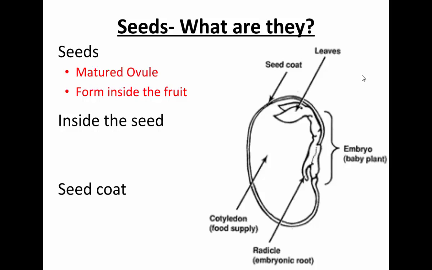So it needs some stored up energy to start its growth until it can pop above the ground and start to go through photosynthesis. So inside the seed, there's a tiny little plant, the embryo, and then there's the food supply, the cotyledon. It's all covered up by sort of a coat that helps protect it. It's called the seed coat.